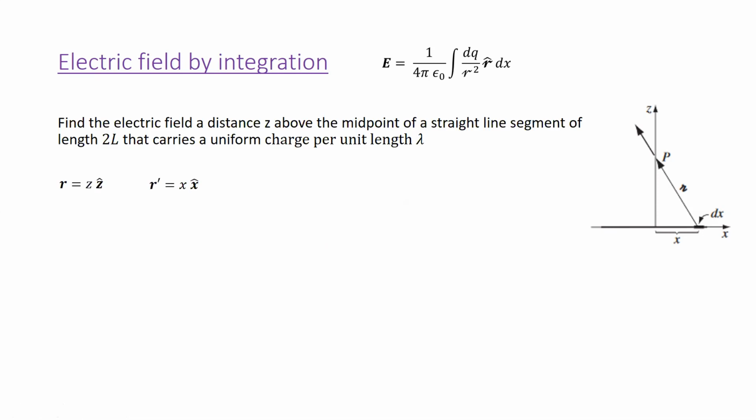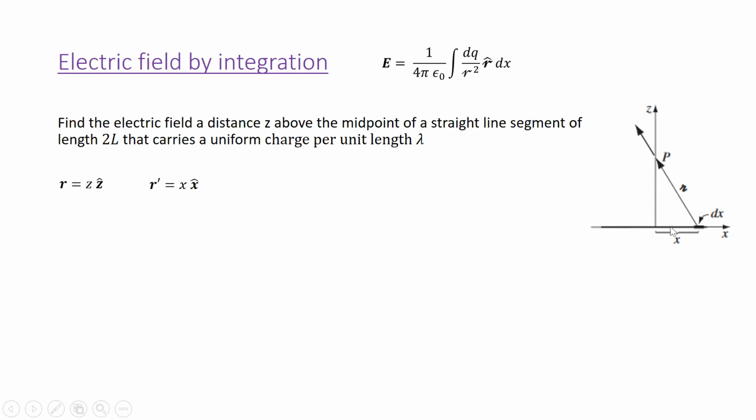Okay, so we have to start setting up some geometry. From the origin here, our point is a distance z away, so it's equal to z times z hat. That's our vector from the origin to the point P. And then our vector we're going to be integrating over the line.